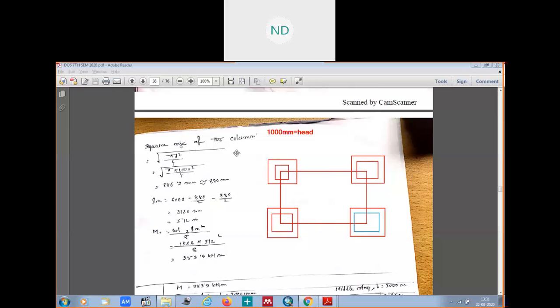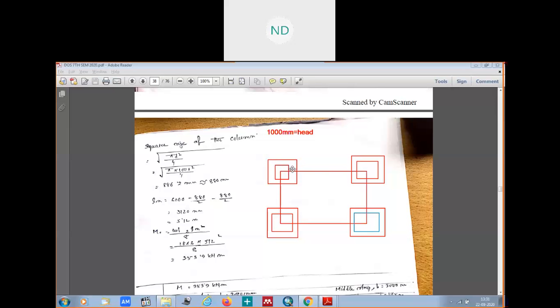But your column head was circular. So to know the face to face ln value, we will change the circular column head, which was given as 1000 mm, into a square size.